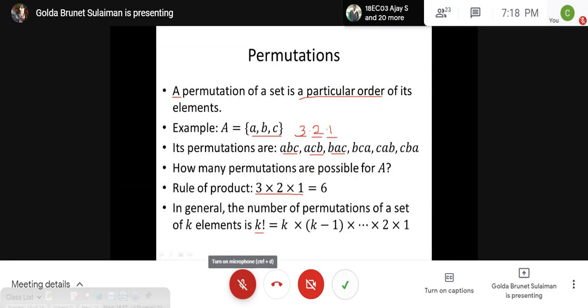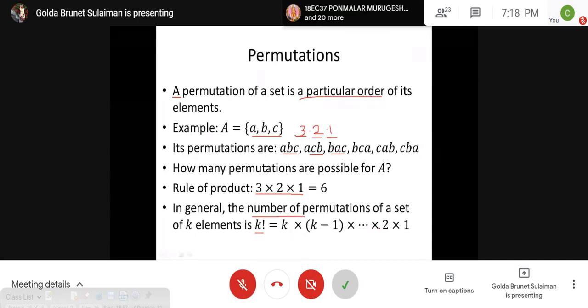So 6 is actually 3 factorial. So in general, if you have k elements in a set, the number of permutations of that set would be k factorial, which is k into k minus 1 into k minus 2, etc., up to 3 into 2 into 1.